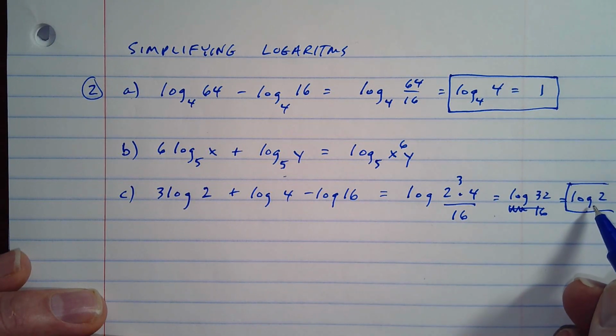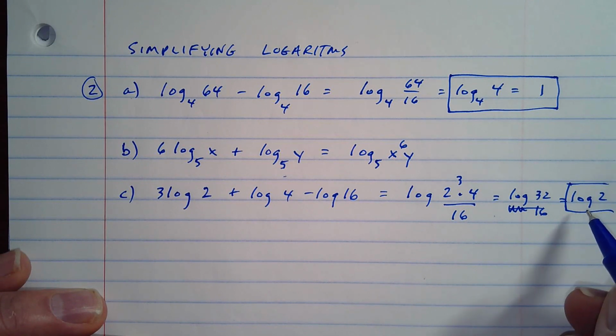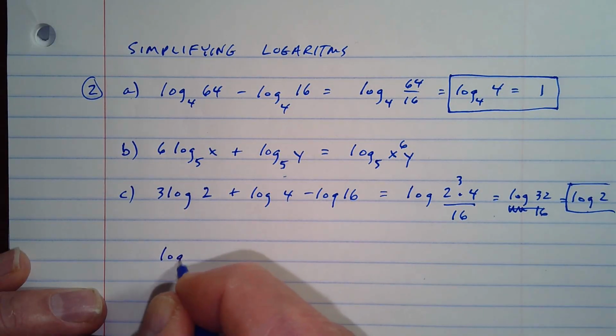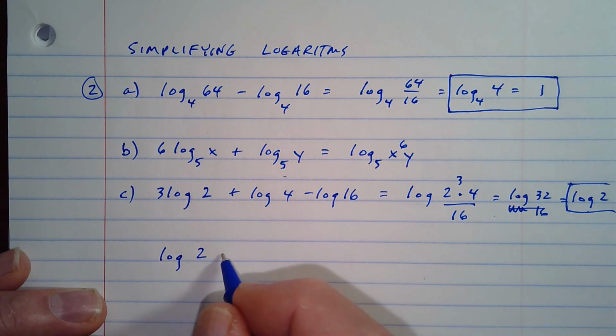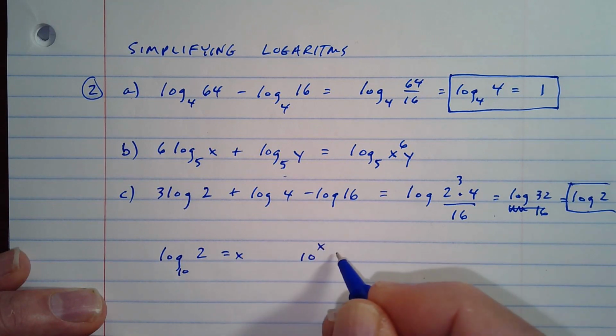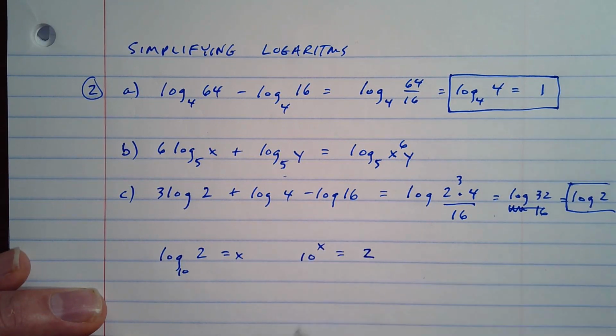Now, just as a reminder, when we're doing calculations, because this is base 10, our calculator will have a log button that will evaluate that. And so what this log base 10 of 2 is saying is that 10 to the x equals 2. In other words, this value of log 2 is the exponent for base 10 that gives me 2.